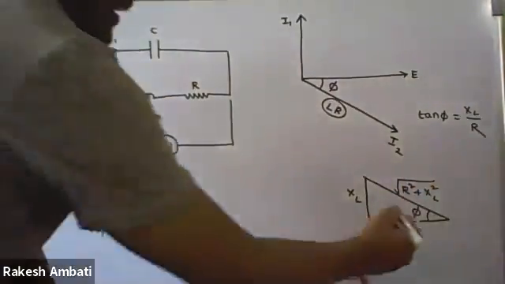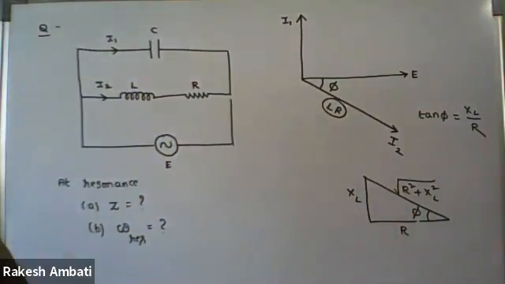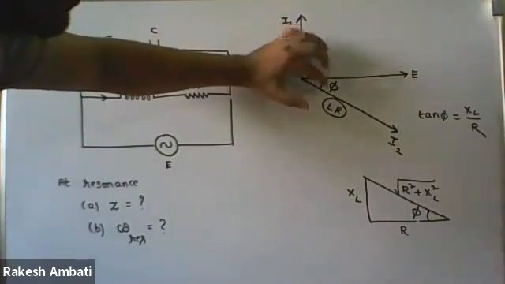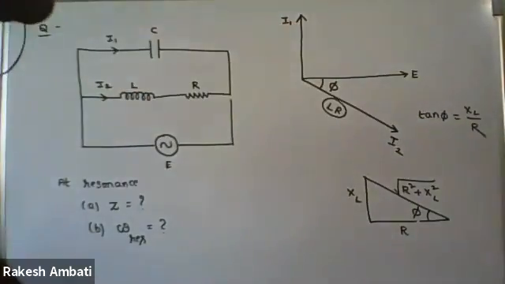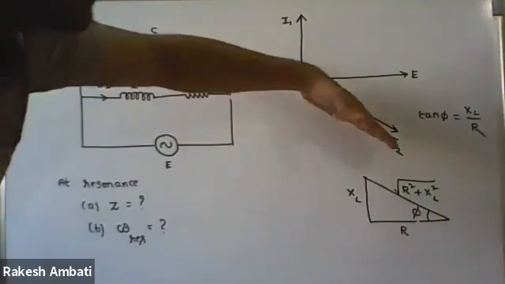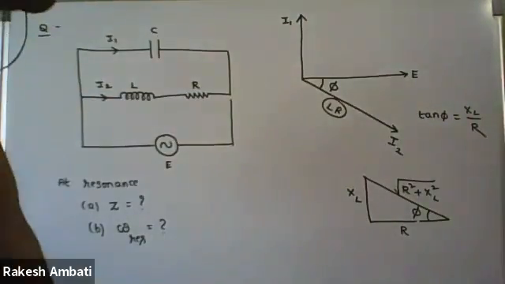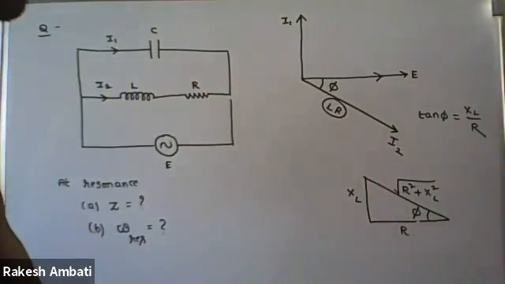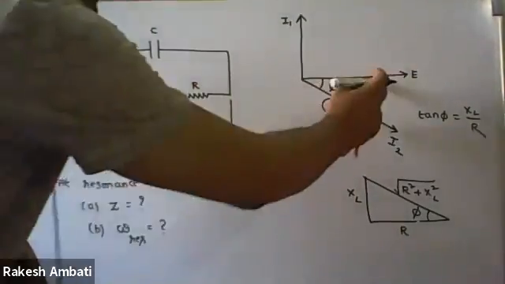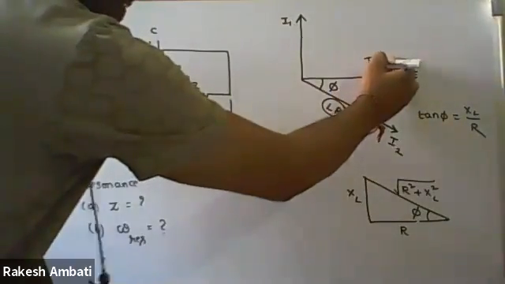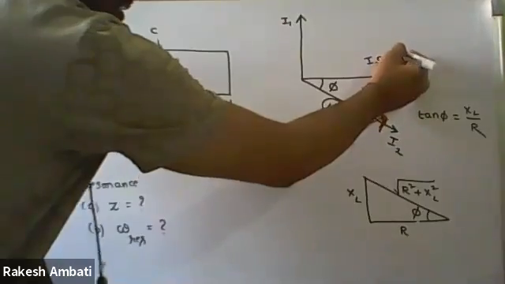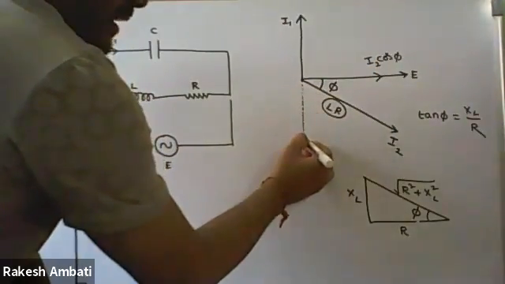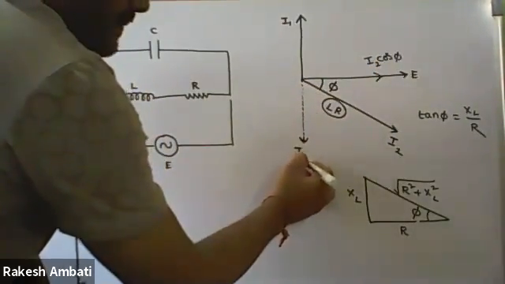Then resolve the current I2 at angle phi into components: I2 cos phi, and in the downward direction I2 sin phi.